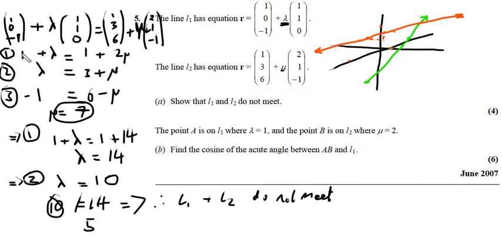So 1 plus 10 equals 11, take that 1 from there, that's going to give us 10. 10 divided by 2 equals 5, and obviously we can see that 5 does not equal 7. So there you have it. L1 and L2 do not meet.